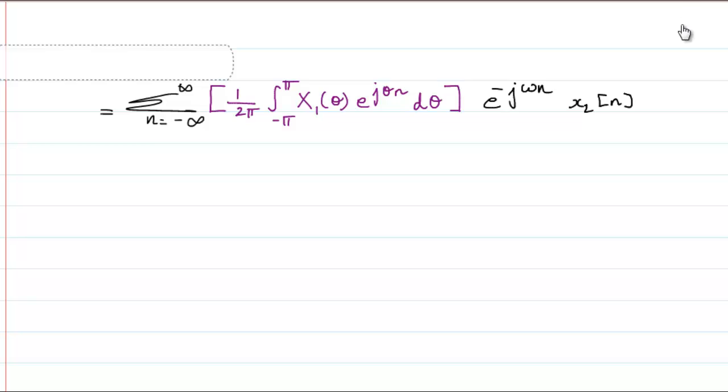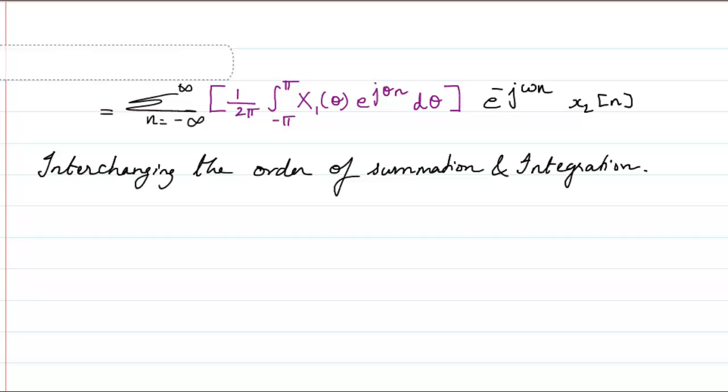Now here I will interchange the order of summation and integration. So first I will take the integration outside. So this is equal to 1 by 2 pi integral minus pi to plus pi X1 of theta.